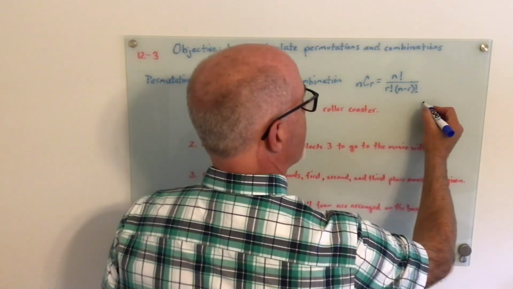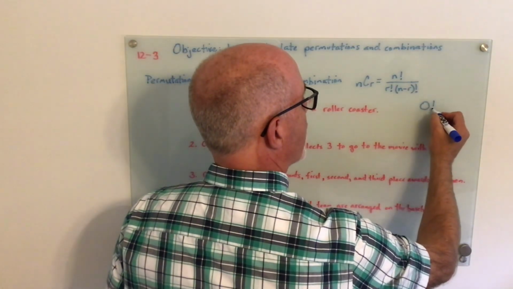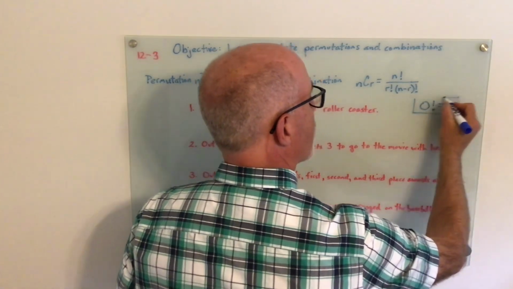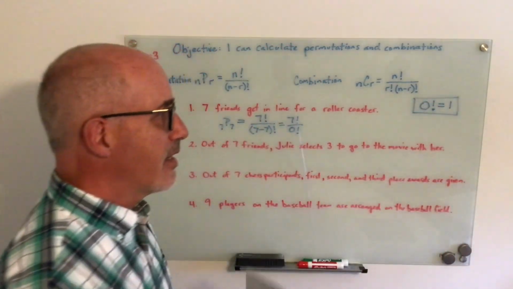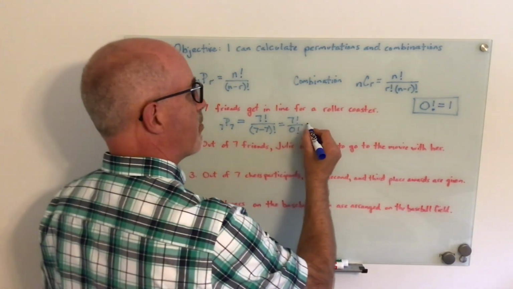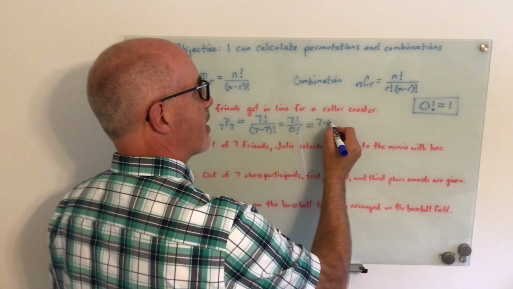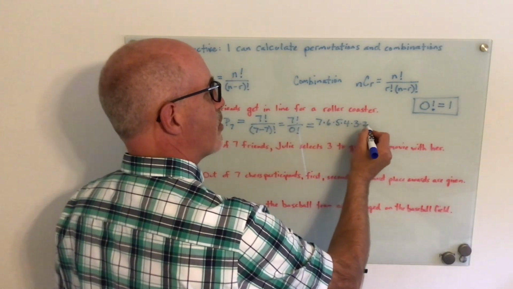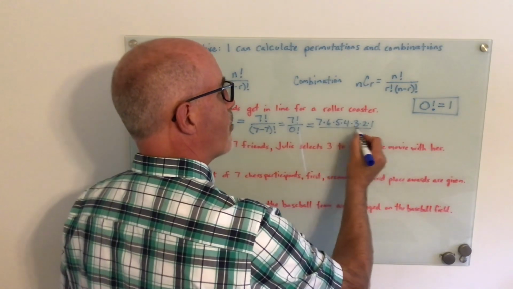Whenever you get 0 factorial, we define that to be equal to 1. So put a box around that. If you get a 0 factorial, just make it into a 1. So this one's going to be 7 times 6 times 5 times 4 times 3 times 2 times 1, all over 1.